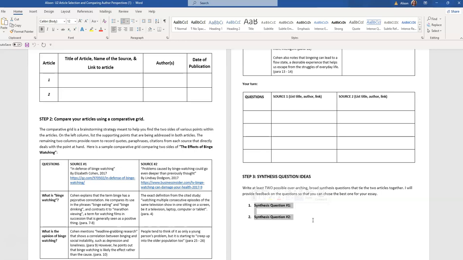So these questions are going to be broader. They're going to be a little bit larger. They're kind of like the umbrella, if you will, okay? So some of the questions that get to the content that each article addresses, and then your overarching questions that tie these 2 articles together, okay? So that's going to be the synthesis element.